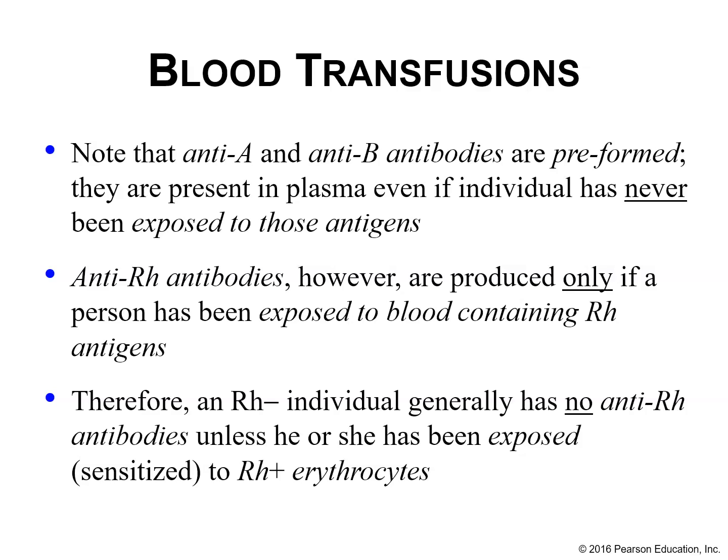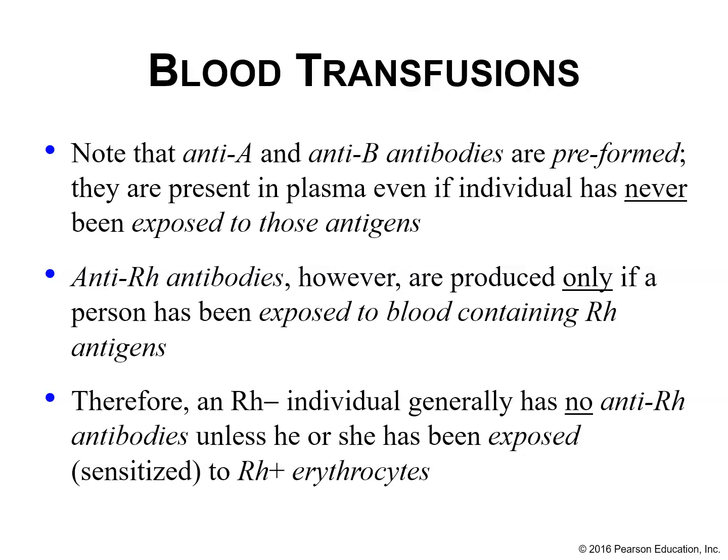Remember that anti-A and anti-B antibodies are preformed. They are present in the plasma, even if the individual has never been exposed to those antigens. Whereas anti-Rh antibodies are produced only if a person has been exposed to blood containing Rh antigens.